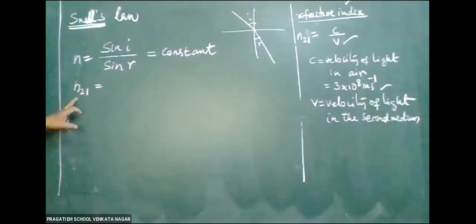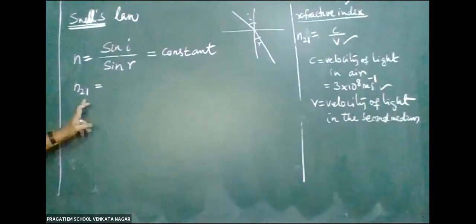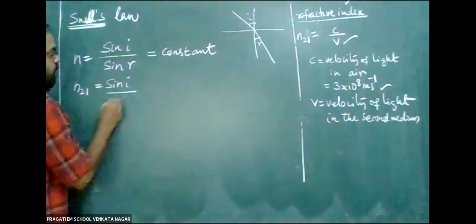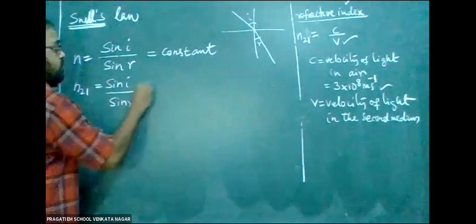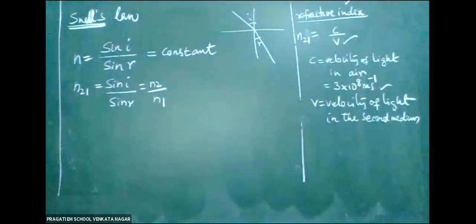Again, N21 meaning, I already said. What is N21? The meaning of N21 is the refractive index of the second medium with respect to the first medium. N21 is equal to sine I by sine R, which is equal to N2 by N1.